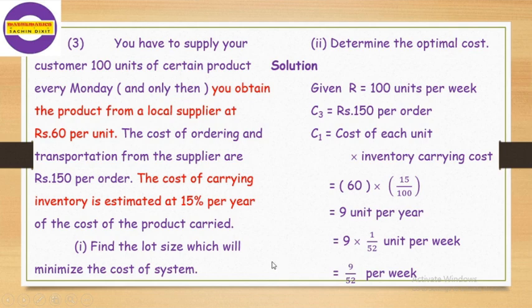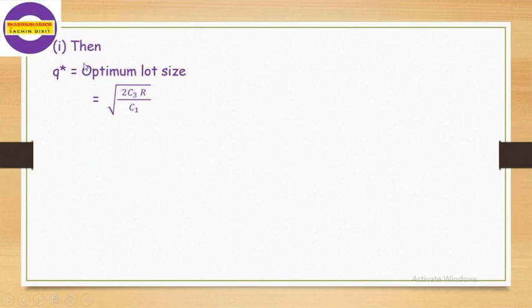Then we know the values of R, C3 and C1. Now we have to calculate the terms. First, we find the optimum lot size, that is Q star equals under root of 2C3R upon C1. Substituting the values, Q star equals under root of 2 multiplied by 150 multiplied by 100 divided by 9 by 52.